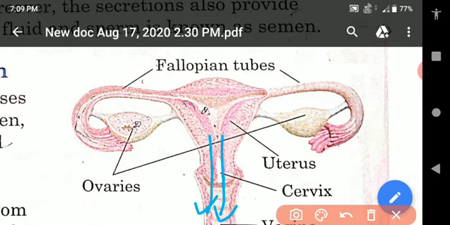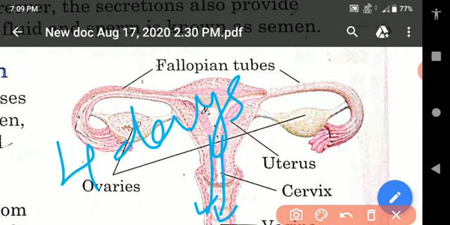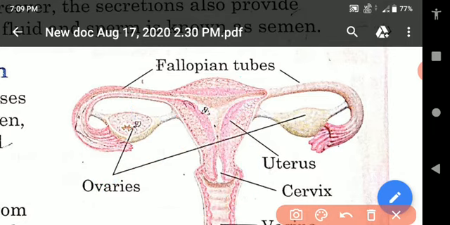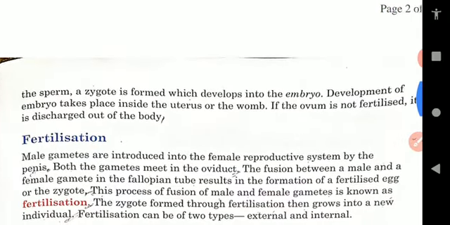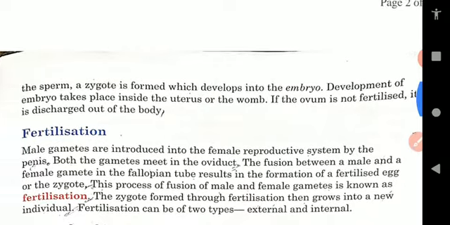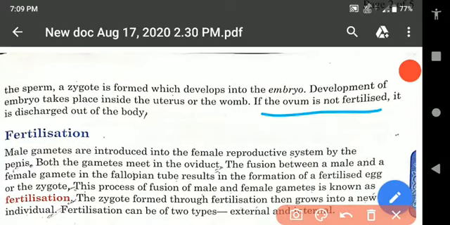It is for 4 to 5 days, and in this period the female releases some amount of blood and nutrients, and after that it becomes normal and dry for the rest of the month. Understood? So the ovum, if not fertilized, gets discharged through the vagina from the uterus during the periods.